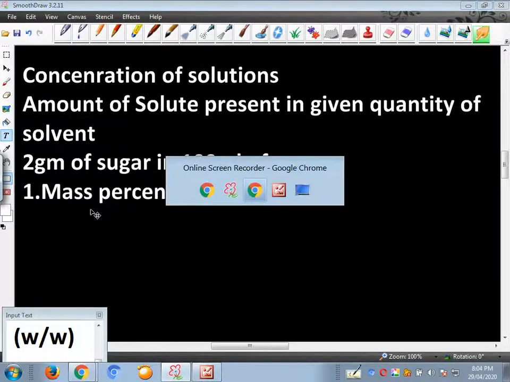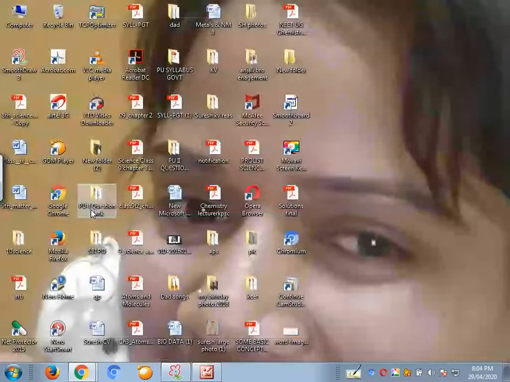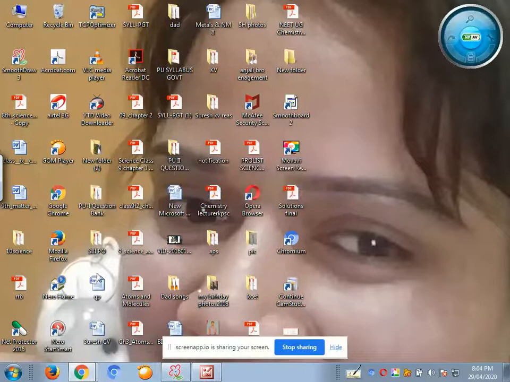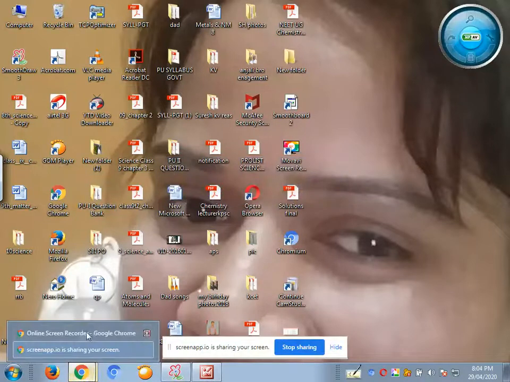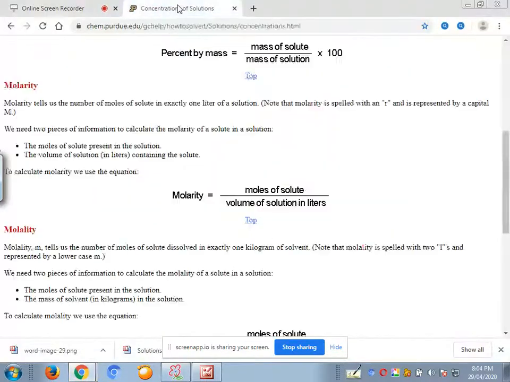Here you can see the different concentrations of solution, given as percentage by mass, or mass percentage.